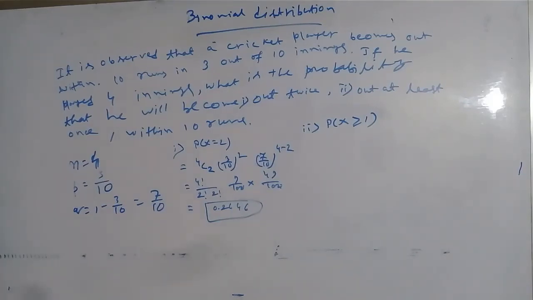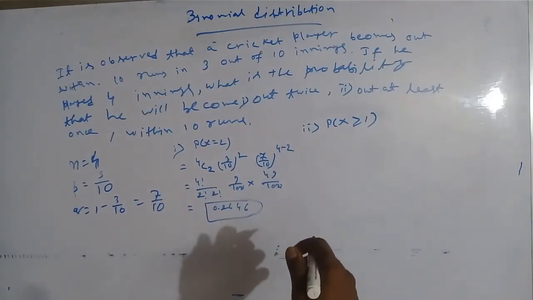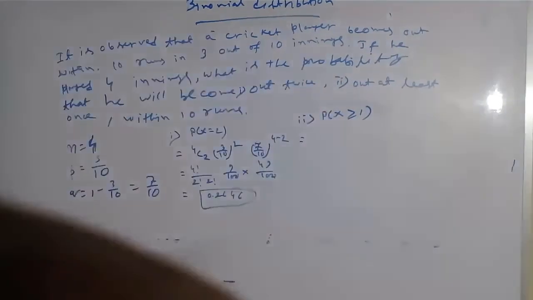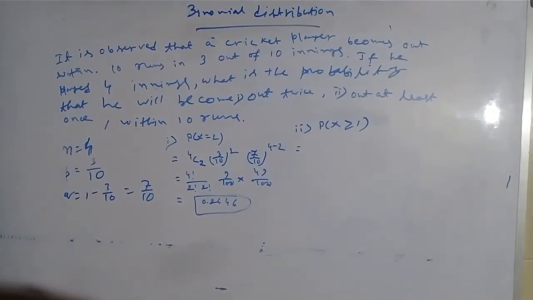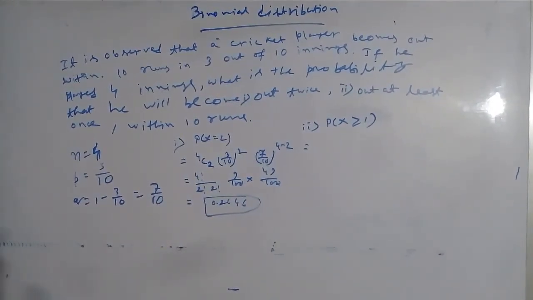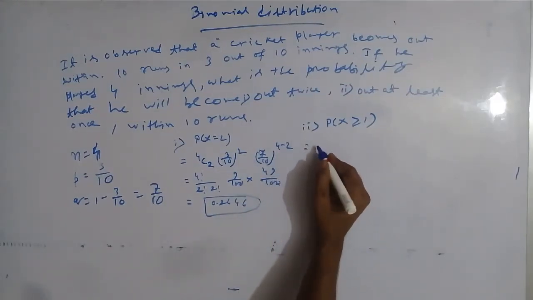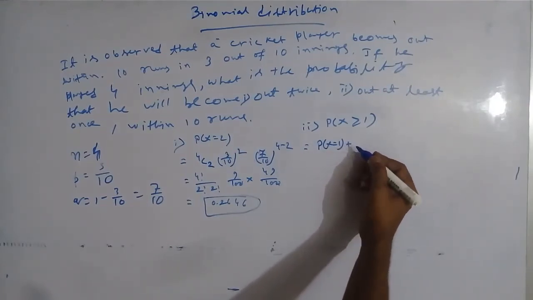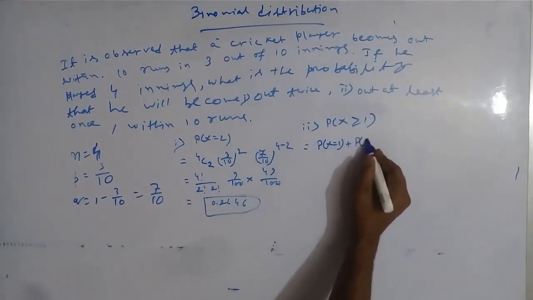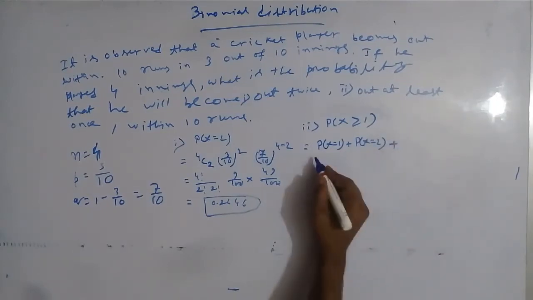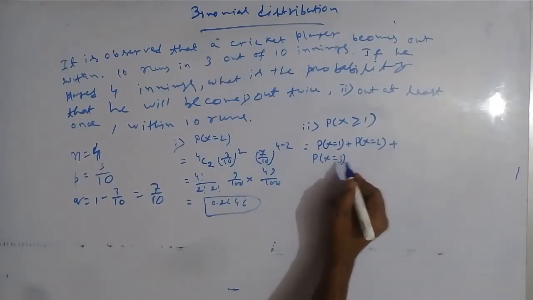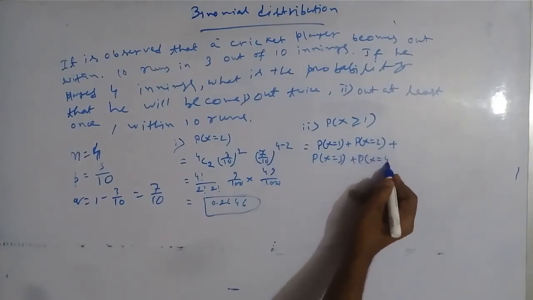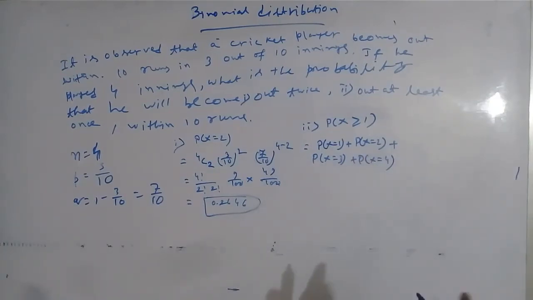Okay, now the second one. So probability of x greater than or equal to 1 will be p of x equal to 1 plus p of x equal to 2 plus p of x equal to 3 plus p of x equal to 4. At most he is playing 4 innings.